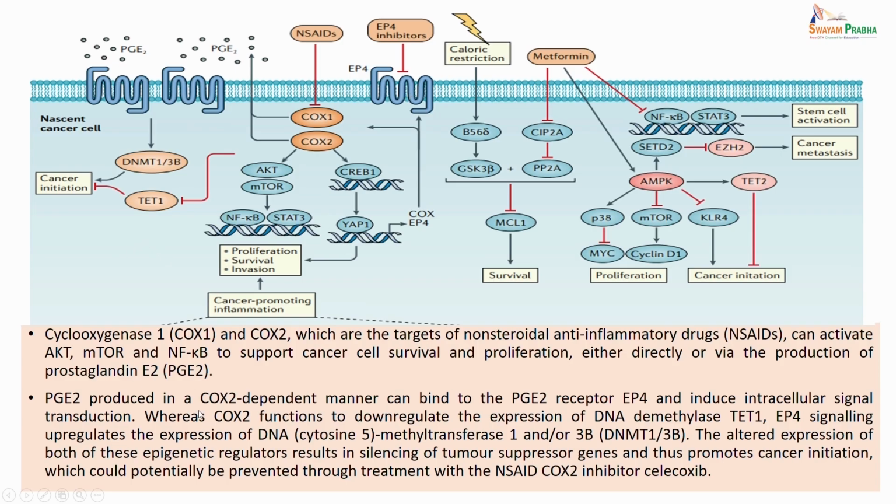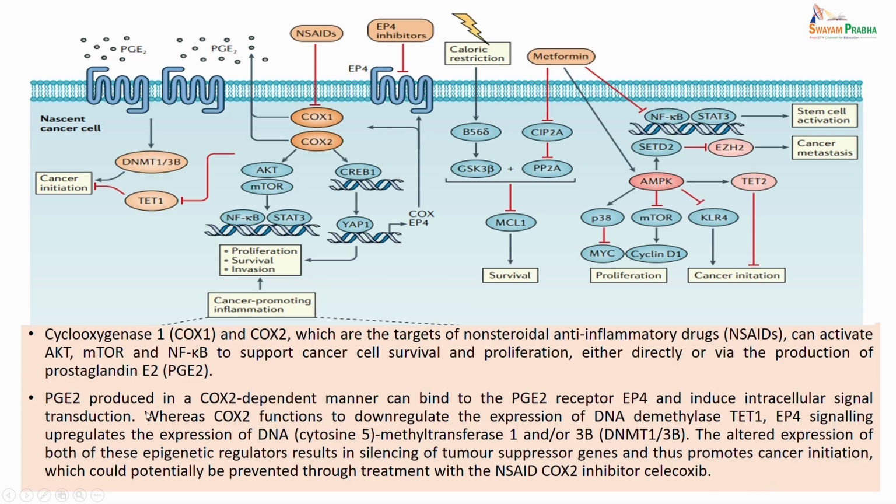The prostaglandin E2, produced in a COX-2 dependent manner, will bind to the prostaglandin E2 receptor EP4. This binding can induce intracellular signal transduction, whereas COX-2 functions to downregulate the expression of the DNA demethylase TET1. The EP4 signaling will upregulate the DNA cytosine methyltransferase 1. So they function differently.